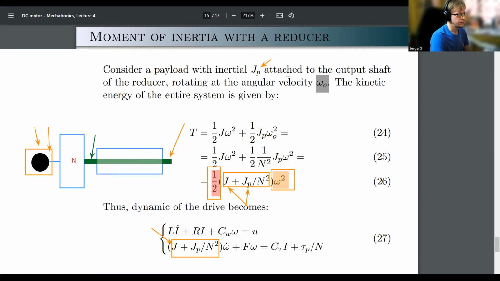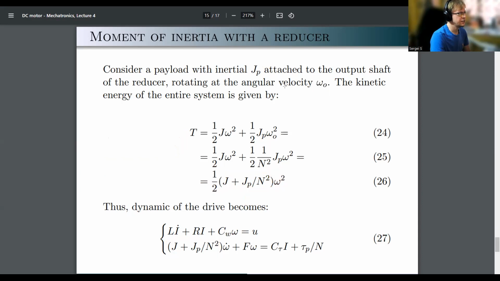Okay. All right. So this is about moment of inertia, right? This is how we compute it. There is one interesting thing also here, and it is this, right? As we said, payload, so output shaft torque is equal to internal torque times n.